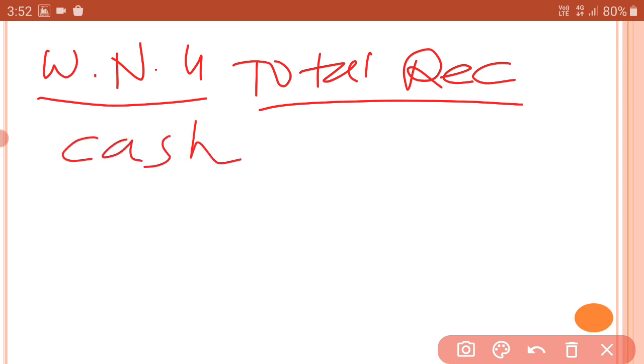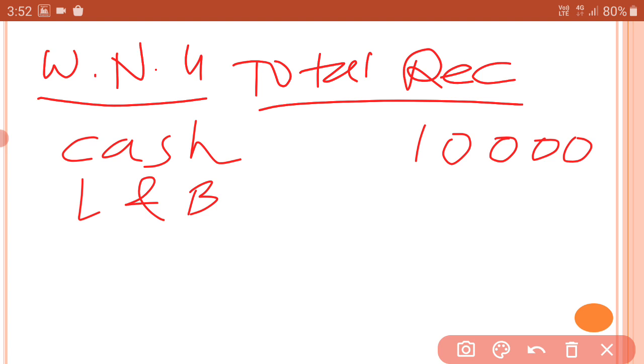Total receipts. In the total receipts, first of all, we write cash balance as given in the question, 10,000. Then land and building 2,50,000.